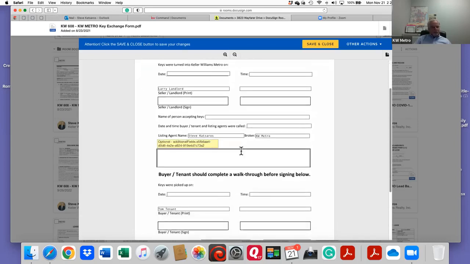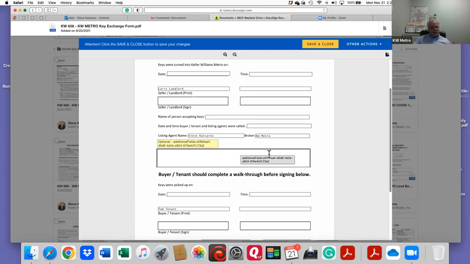But here you would put the type of keys that are exchanged too. So if they're getting a front door key, a side door key, a garage door opener, a fob electronic opener for the garage or main entry doors on a lot of the big high rises. They have electronic, so you can go in kind of keyless.